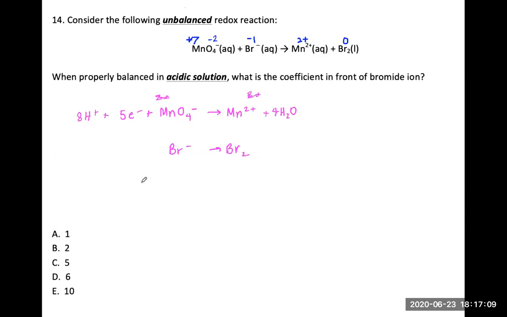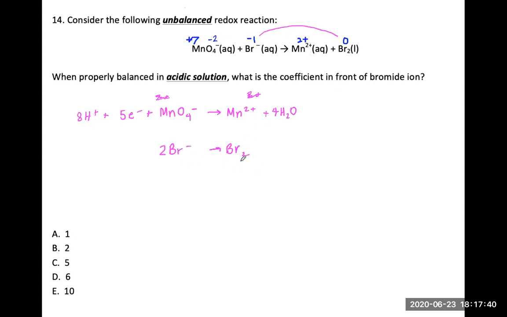Okay. And so now I can look at this bromine reaction. And something that jumps right out at me is that I don't have the same number of bromines. So I'm going to go ahead and put a 2 here. And I can see from my oxidation numbers that each one bromine is losing 1 electron to go from -1 to 0.